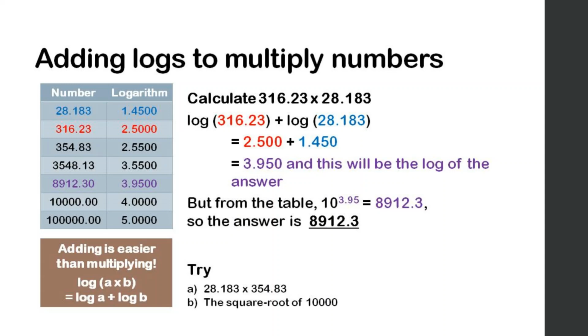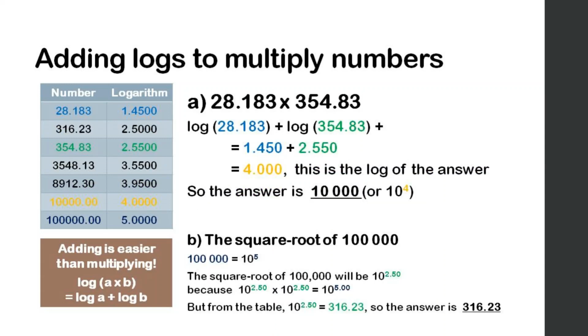So for example, in this case, the answer is 10 to the 3.95, and as you can work out, 3.95 is the log of 8,912, and so the answer to that long multiplication sum is 8,912.3. Of course, you can also try that on other examples too. And if you look here, there's a couple of others that you might want to follow through if you pause the video.